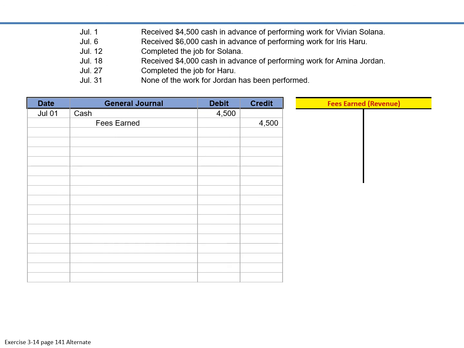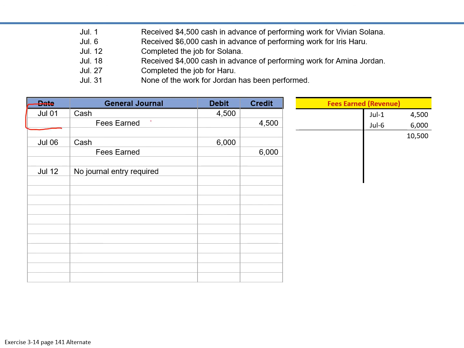Credit fees earned for $4,500, right? Then on July 6th, credit cash for $6,000. Debit fees earned for $6,000. Same idea, different amount. Then when we complete the job for Selena, we don't have to do anything because that's how we originally recorded it to fees earned, right?